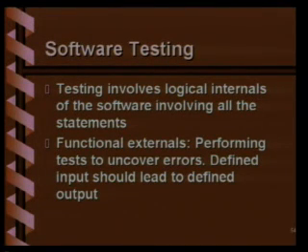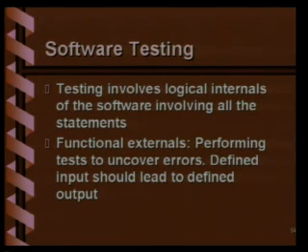Once you have done the coding, you come to almost the last stage, and after that the maintenance and other phases start. But as far as the developmental stage is concerned, the last stage is software testing. What do we do in testing, and what is the need of testing? Testing involves the logical internals of the software, involving all the statements, and functional externals, performing tests to uncover errors.